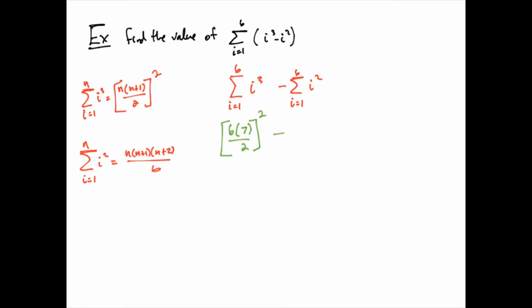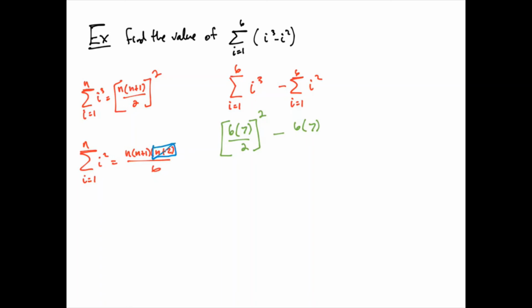Again, on the second term, our n value is 6, so this will be 6 times 6 plus 1 is 7 times 6 plus 2. Oops, I made a mistake here. Let's clean this up. I wrote this part wrong.